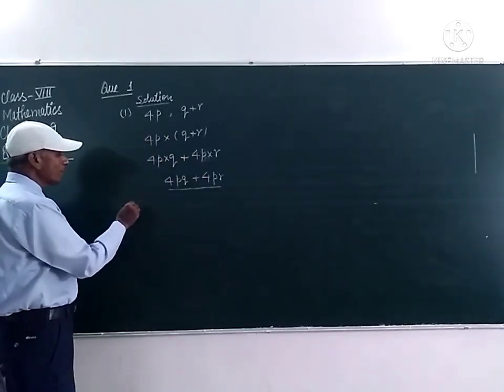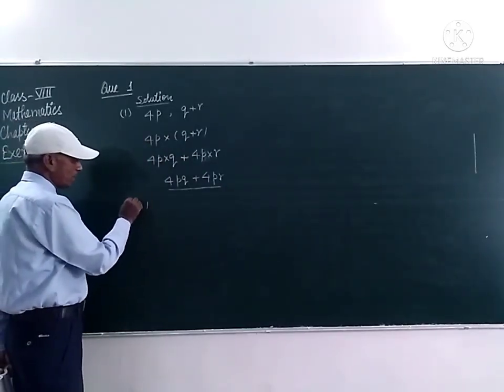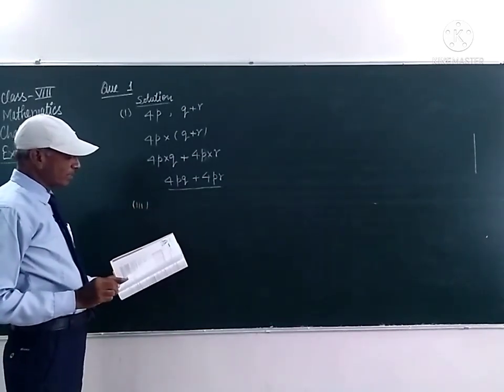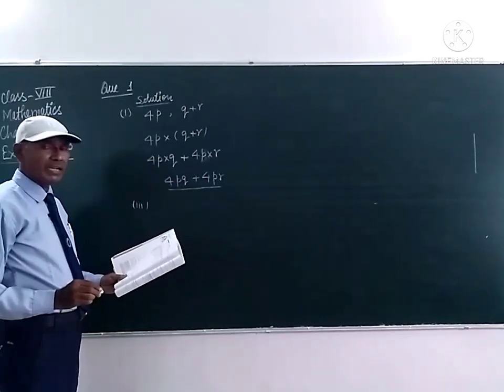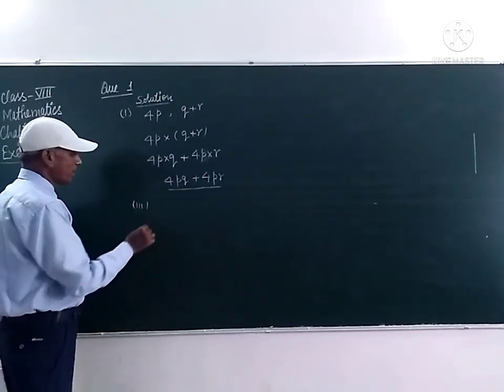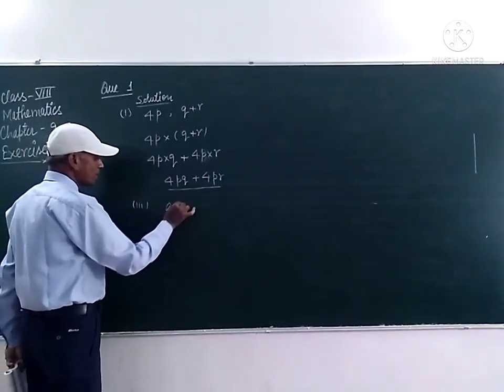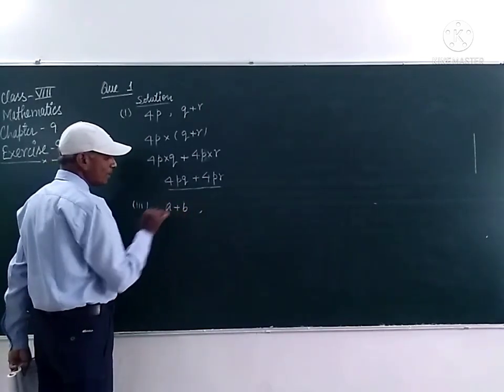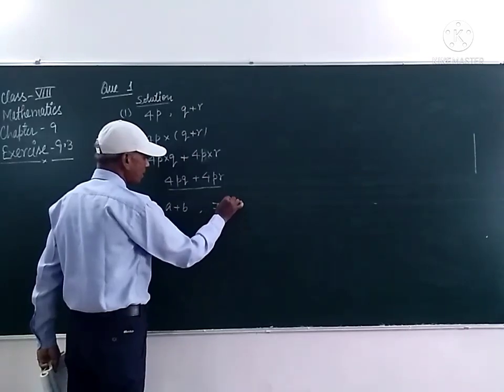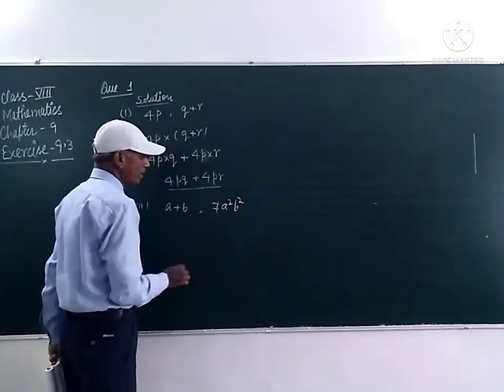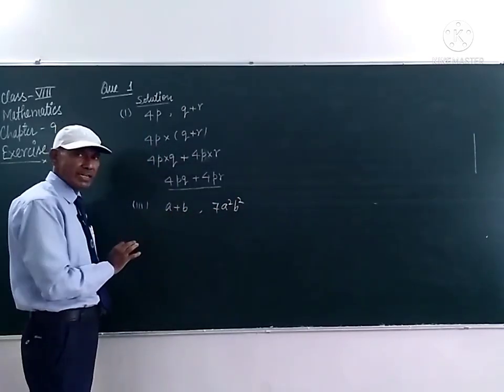Now, we have to solve the third part of this question, students. Third part is a plus b multiplied by 7a square b square. A plus b is the first expression, and 7a square b square is the second expression.